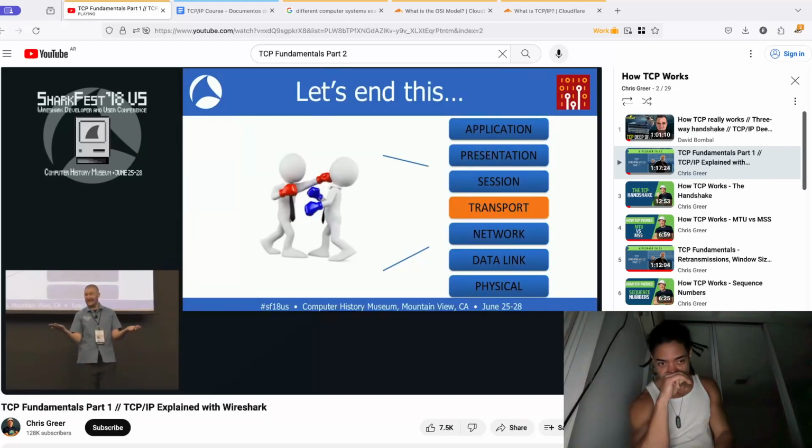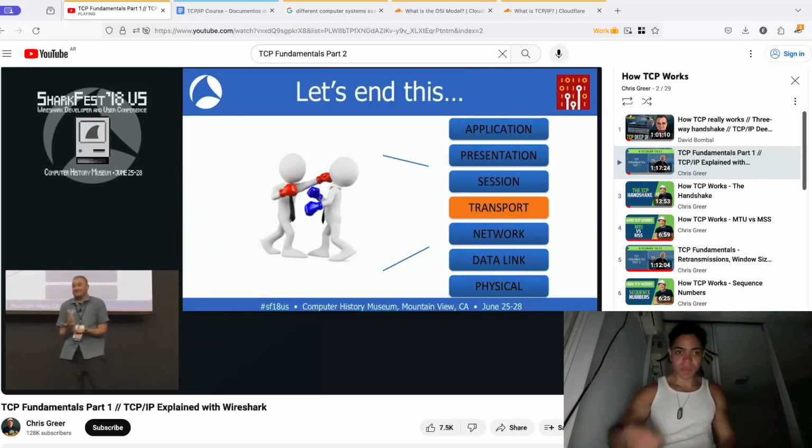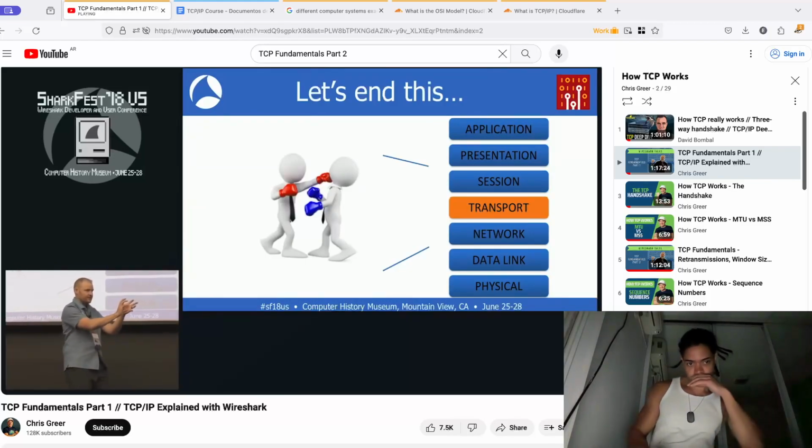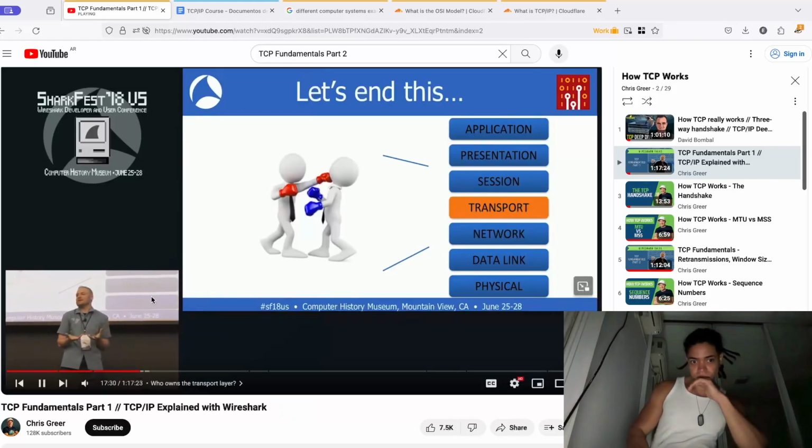Where is the TCP stack? It's inside that box there. My network can't do much with it. I don't have the responsibility for shaping it or changing it. It's not generated by my network.